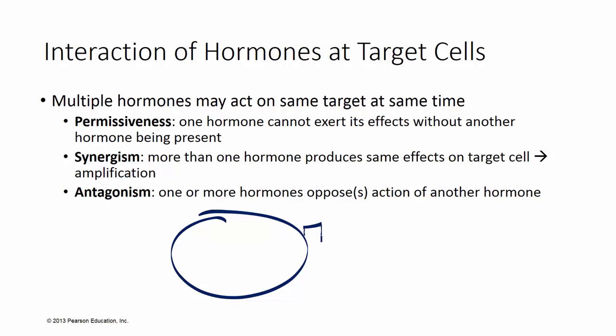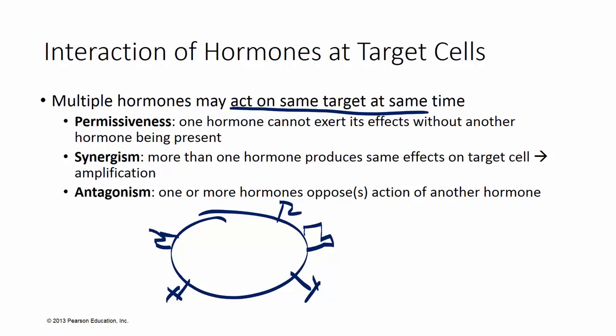So they're going to have a receptor that looks like that, and one that's like that, and those all look the same, but they're going to have one that can bind X and one that can bind Y and one that can bind Z. So it depends on the target cell and how many receptors it has. So multiple hormones may go to a target cell at the same time. So what happens if more than one hormone is released and goes to the same target cell?